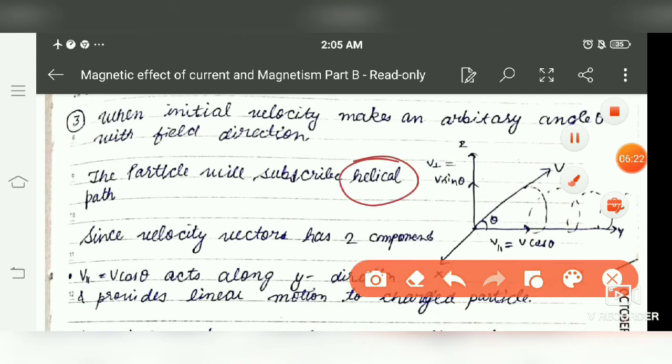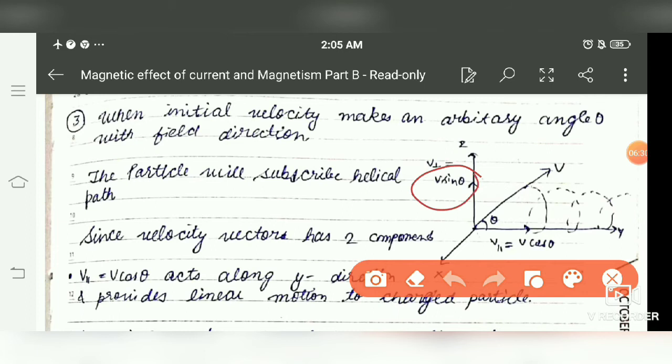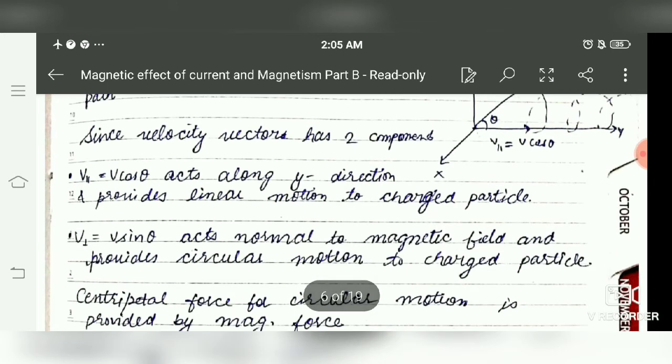It covers a helical path, where velocity has two components: v cos theta parallel, and the second component v sin theta acting perpendicular. This perpendicular component will rotate it in a circular path, and the linear one provides the pitch. Pitch means some linear distance.